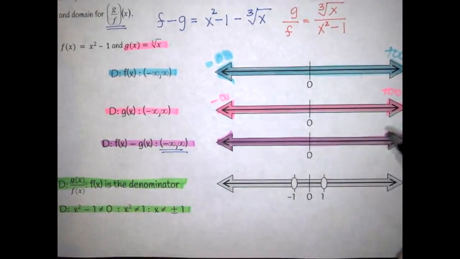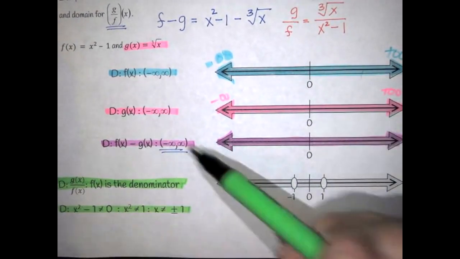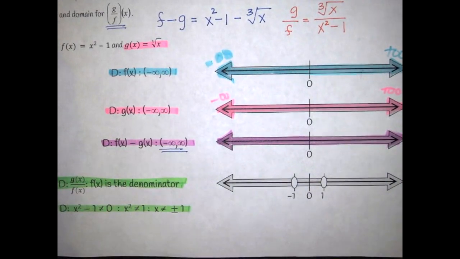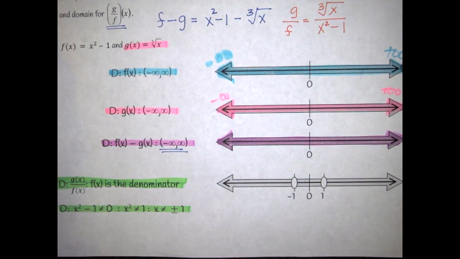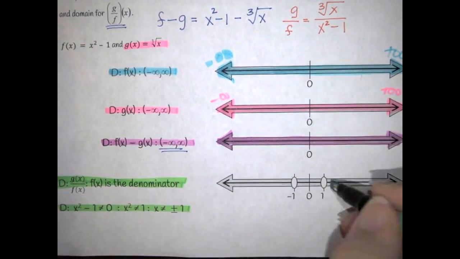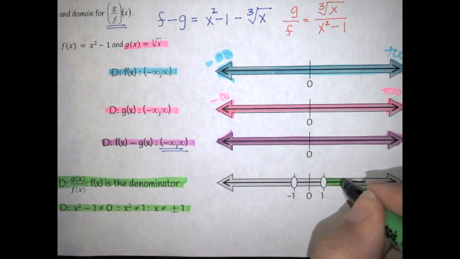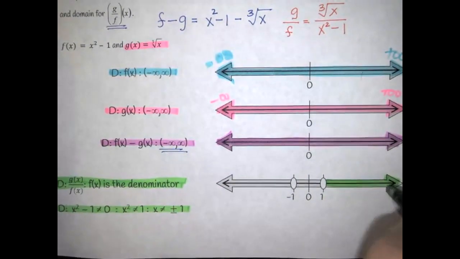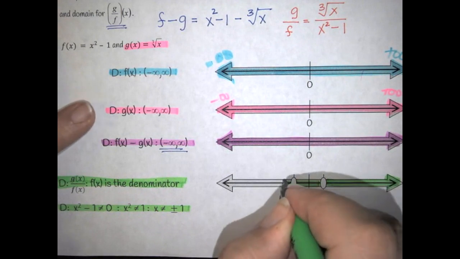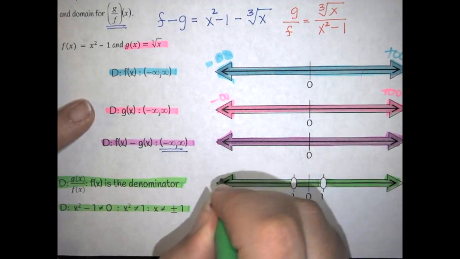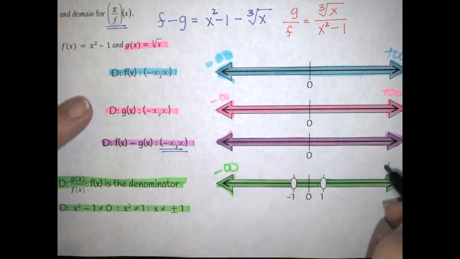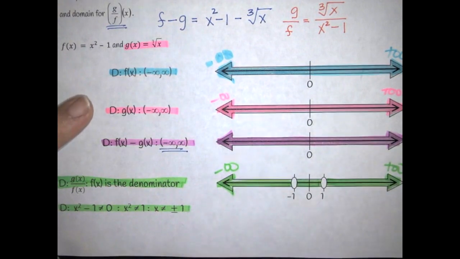So if you look, my domain here is going to be the combination of f and g taking the new rules into account, which say that x cannot be 1 or negative 1. So notice I have two holes in my graph now, but everywhere else I don't have a problem.